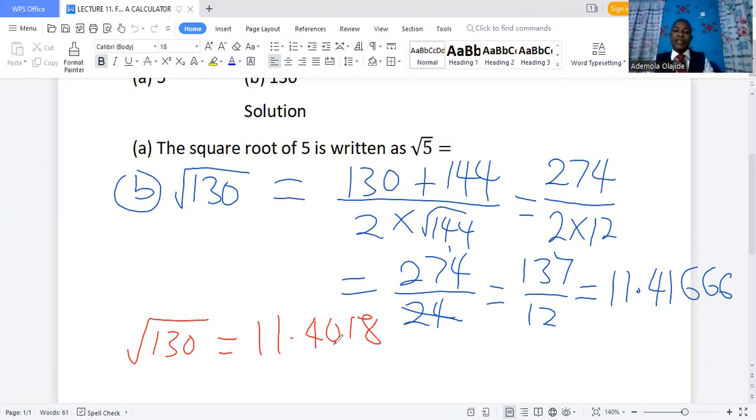So that means we have the estimate very close, as the closest value to the actual square root of 130.